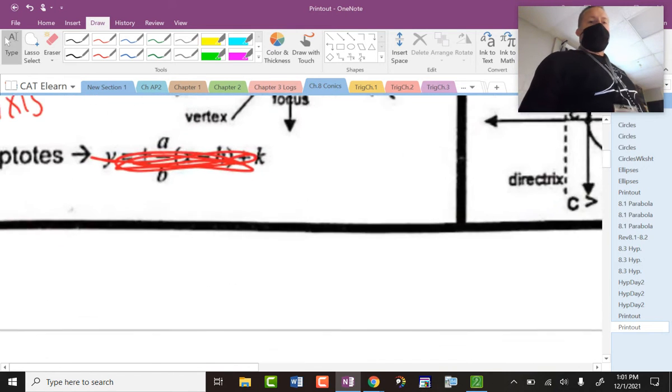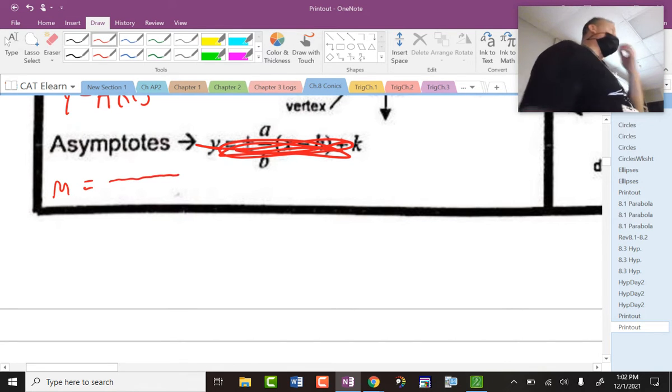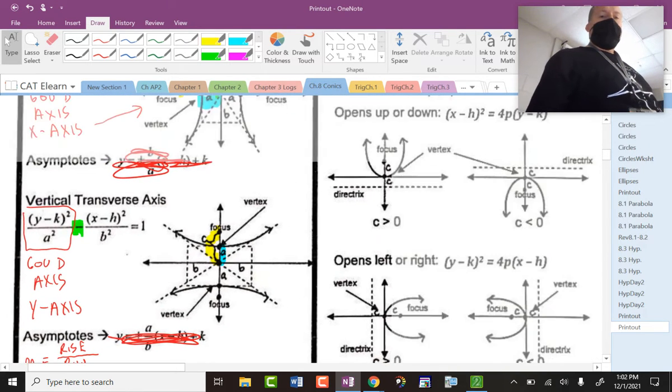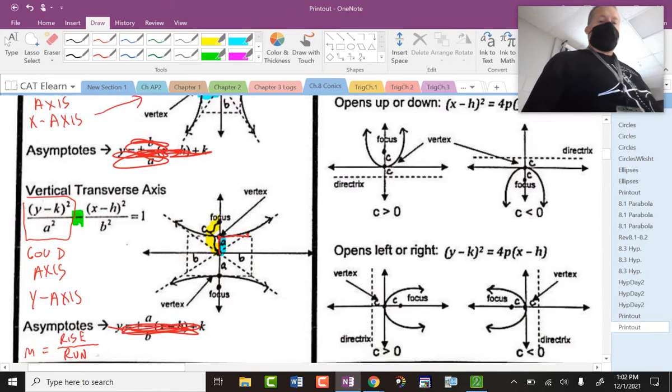But now let's do the asymptotes here. What's the two R's? Grade school. What's slope? Rise over run. 3, 2, 1, go. Rise over run. So if we simplify it to that, and we look at each of these boxes, the rise over run is always y-axis over x-axis, or y-axis radius over x-axis radius.